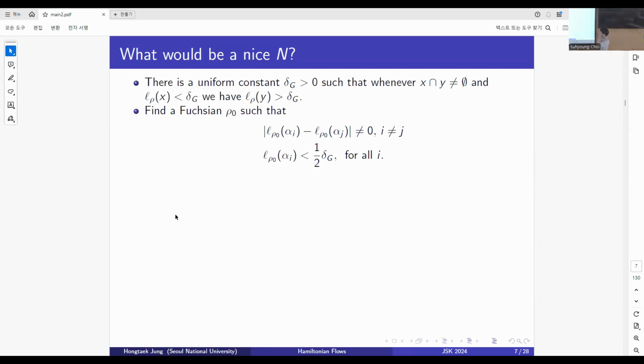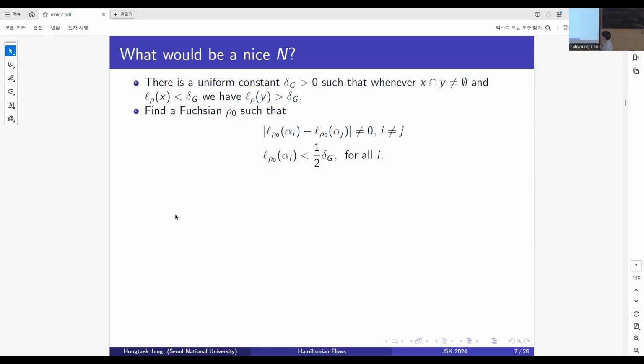And now we find a Fuchsian representation, say rho naught, that satisfies these two inequalities. You can find this kind of Fuchsian representation very easily by using, say, Fenchel-Nielsen coordinates or Bonahon-Dreyer coordinates.